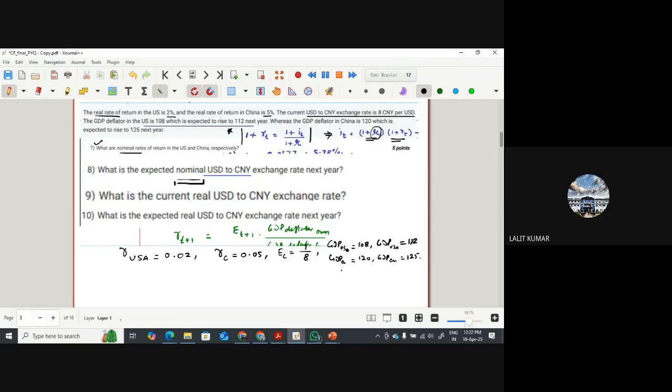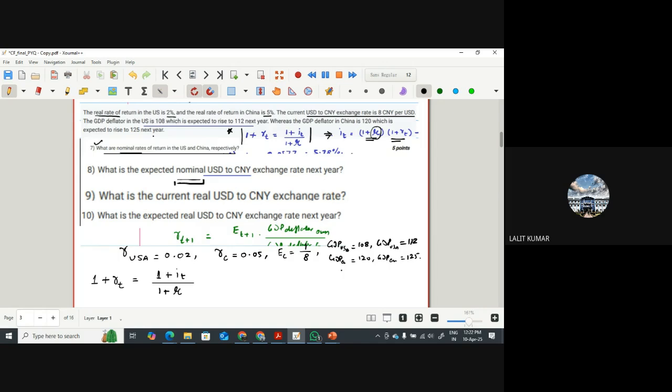First, they are asking what are the nominal rates of return in the US and China respectively. So we know that they have given the real rates and they have also given the exchange rate, EC is equal to 1 by 8. So we have to find the nominal rates of return in US and China. So for nominal rates of return, we use the formula 1 plus RT is equal to 1 plus IT divided by 1 plus pi.